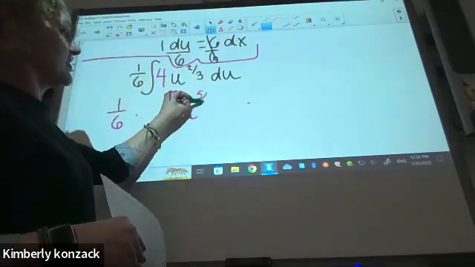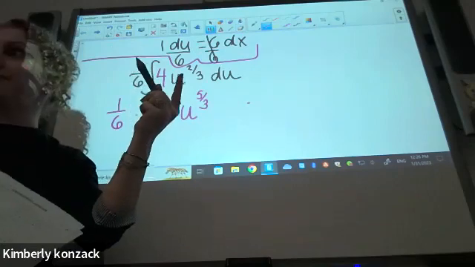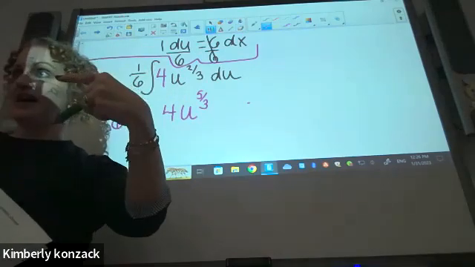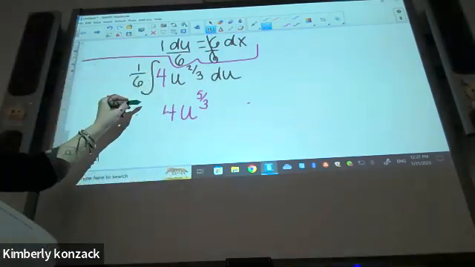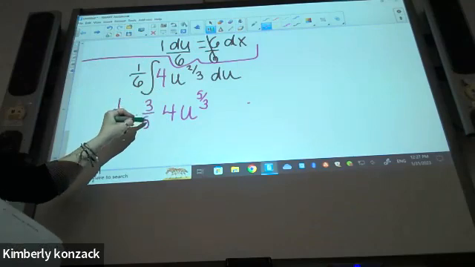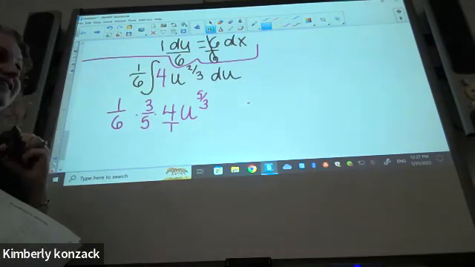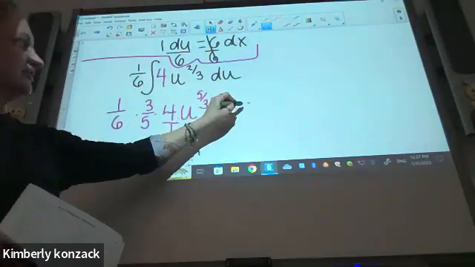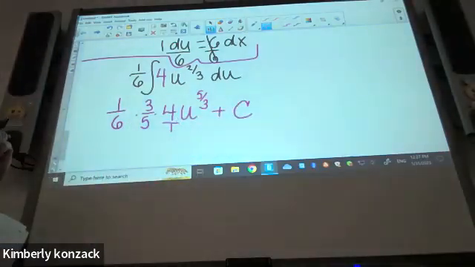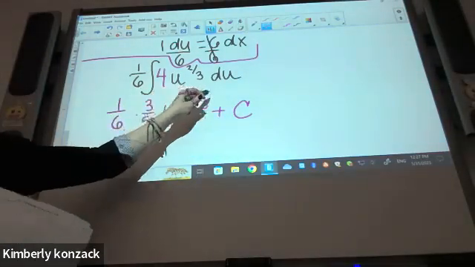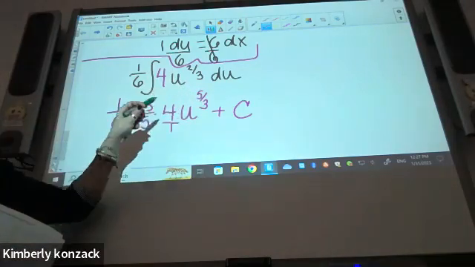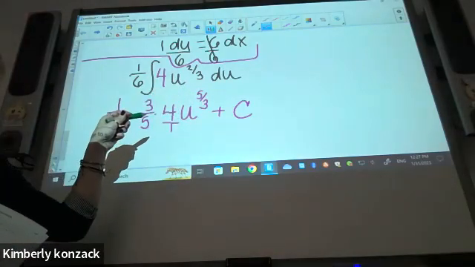Okay, 5/3 multiplied by 3/5, because we need to divide by 5/3, so multiplied by 3/5, plus your C. Because we did u to the 5/3 over 5/3, which became 3/5.